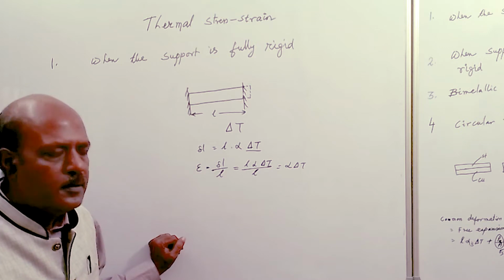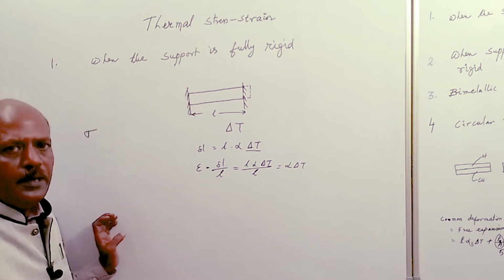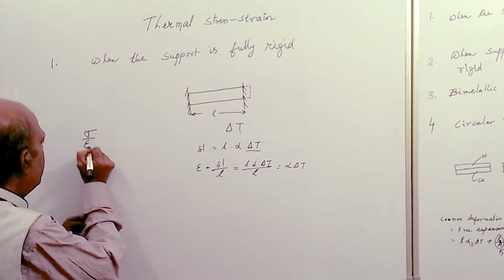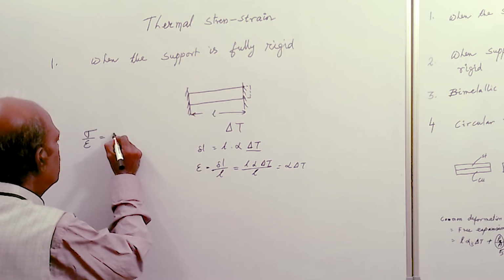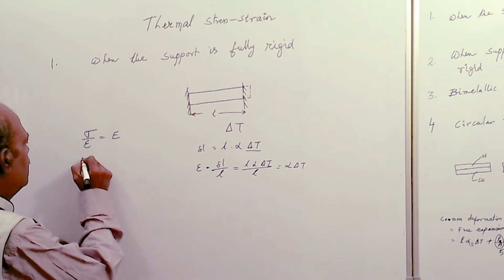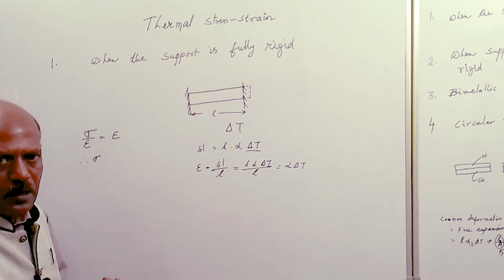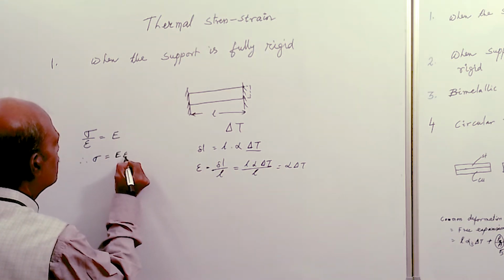And the stress developed is obtained by Hooke's law. Stress by strain, as per Hooke's law, within elastic limits, is equal to a constant and is known as Young's modulus of elasticity. Thereby sigma, that is the stress developed in the bar, is equal to E into epsilon.